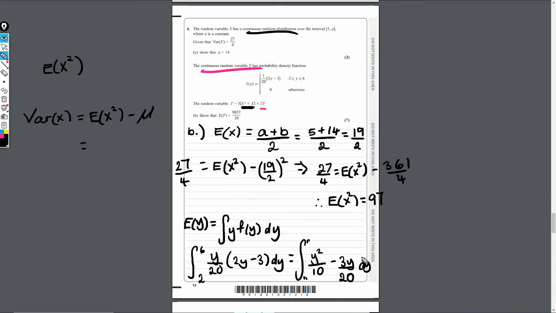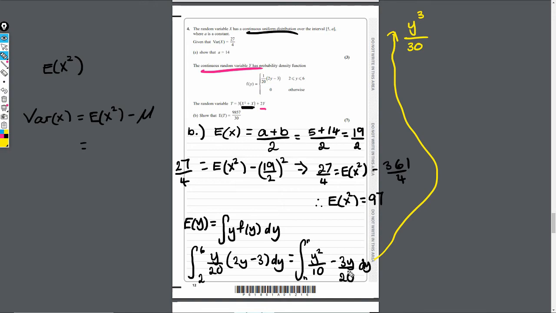So if I do it in yellow, I can do this all the way at the top now. Performing this integration, add 1 to the power, divide by the new power. So this bit here will be y cubed, divided by 3, same as times 1 over 3, so that'll be over 30.